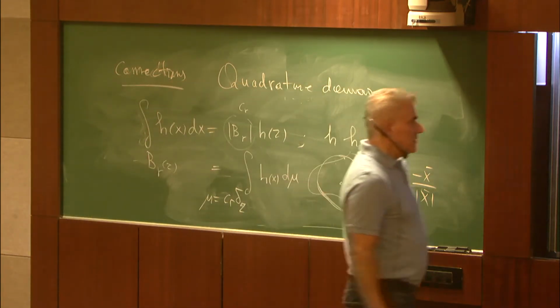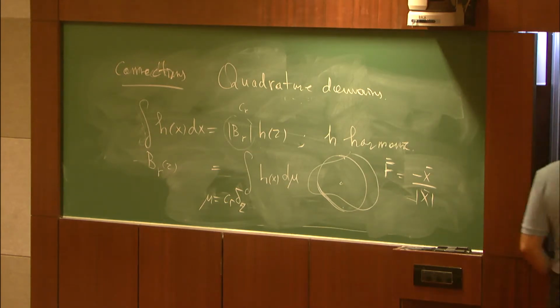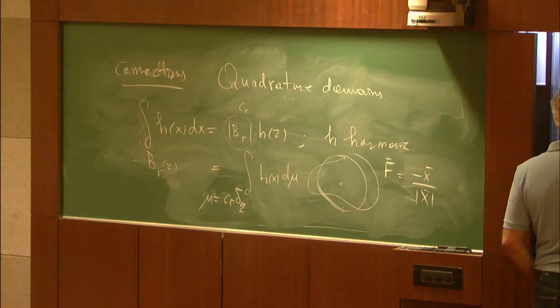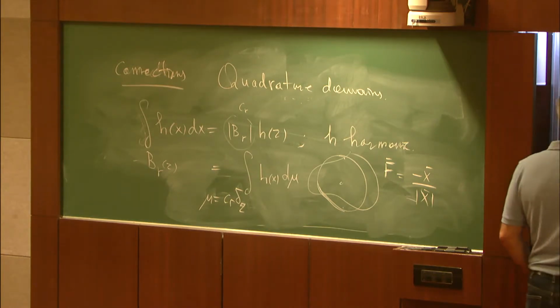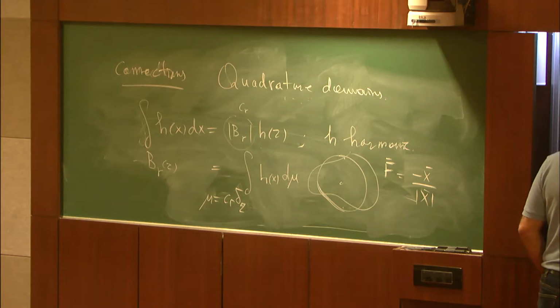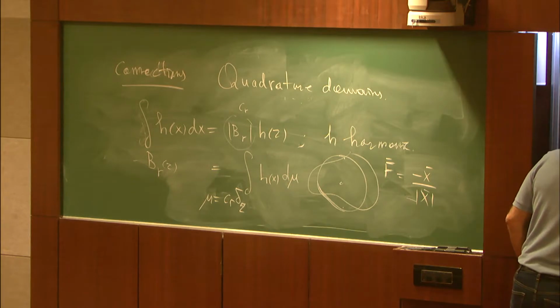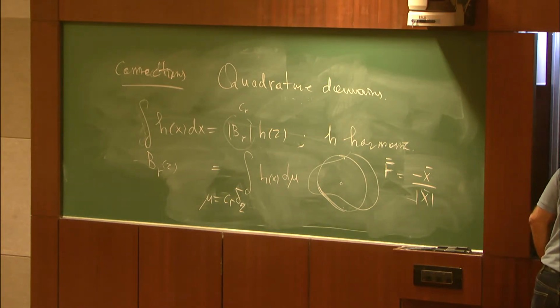So this means that, given that source, so given a measure, we say omega containing the support of the measure is a quadrature domain with respect to the measure if the integral over omega equals the integral of this with respect to the measure.